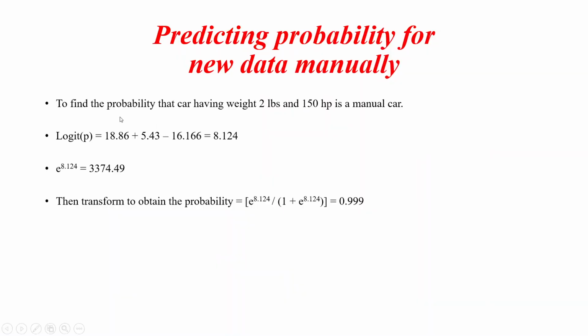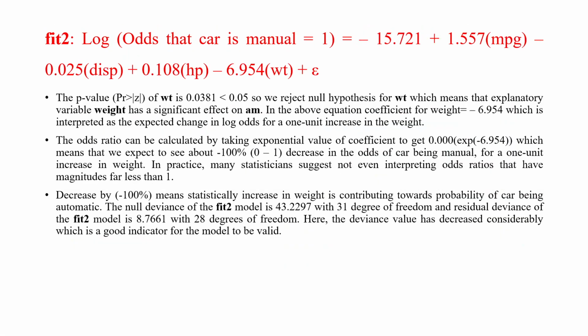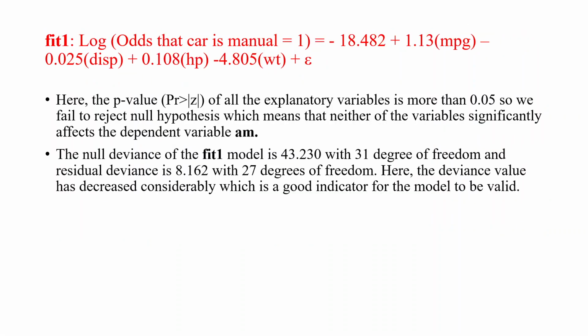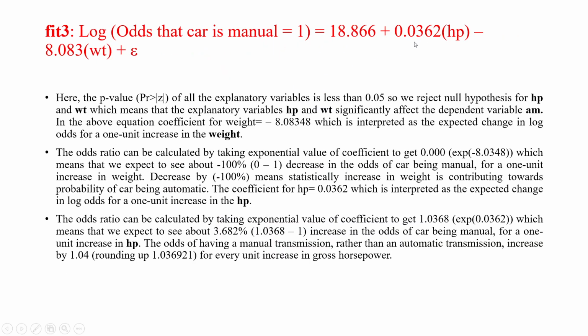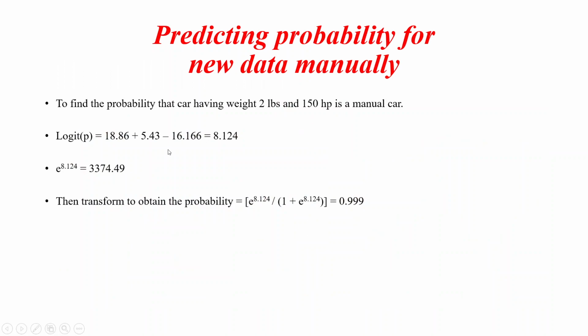Okay, so the probability that the car has weight 2 and horsepower 150. Now we will directly insert these values in our original fit3 model, the model we have approved. We will find out what value I'm getting. So logit is equal to 8.124 when I substitute the values.